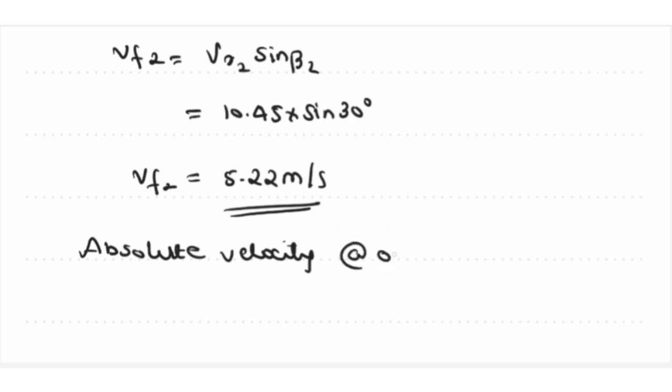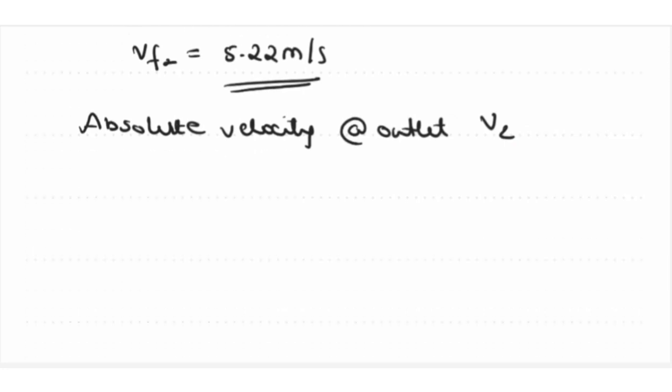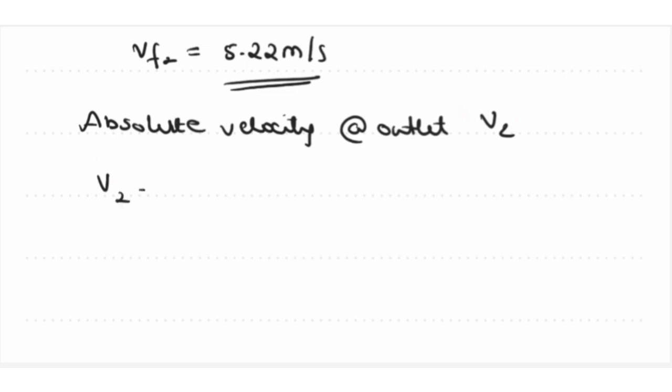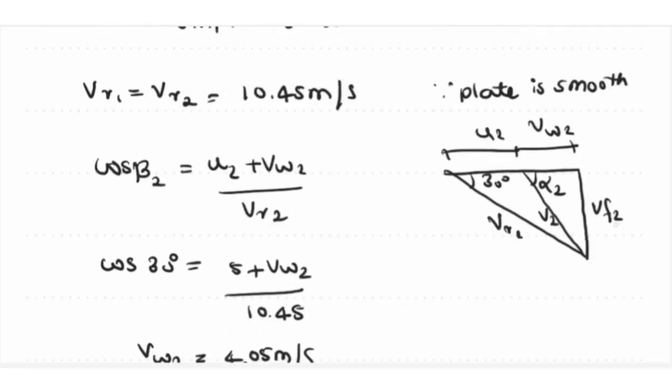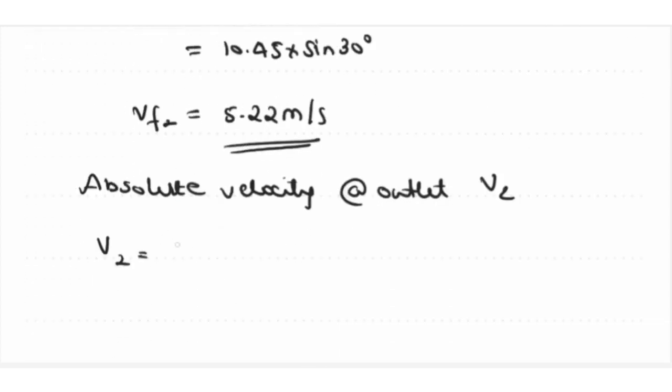So now we can calculate the absolute velocity at outlet, that is nothing but v2. We can calculate v2 very easily by applying the Pythagoras. You can see v2 is equal to square root of vf2 square plus vw2 square.